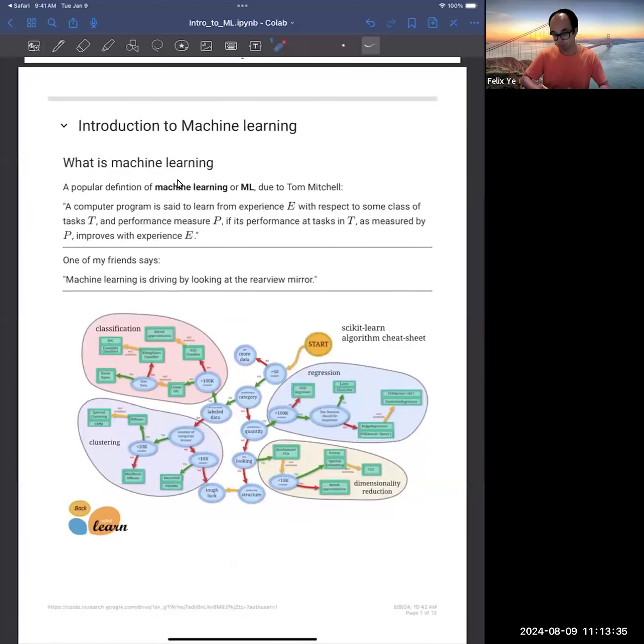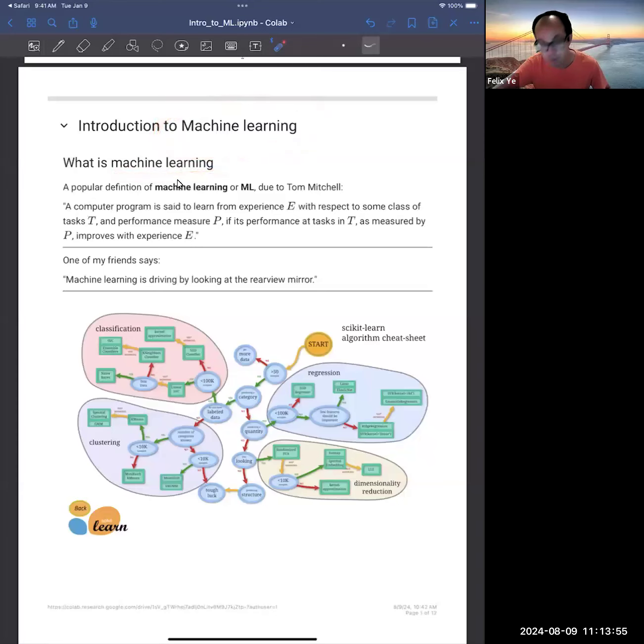Then next, I'm going to talk about very basic things about machine learning, the very basic overview of this whole course. Right? So what is machine learning?